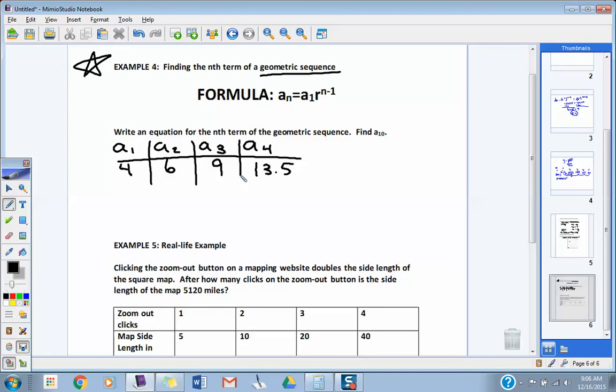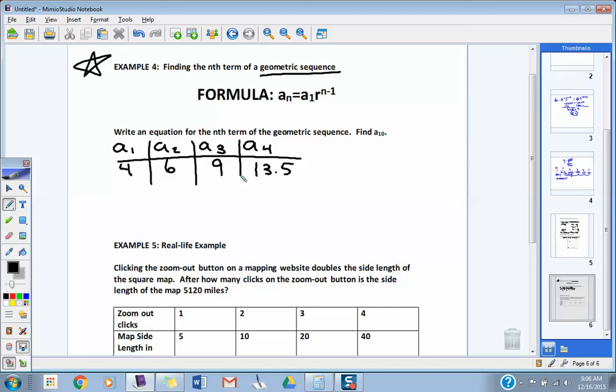First thing it says to do is write an equation for the nth term of the geometric sequence. And we're going to use that formula up there that states the nth term on the left is equal to your first term, which is a1, times r to the n minus 1. Let's establish some parameters here real quickly. Anytime you are writing a function for the nth term of a geometric sequence, you have two jobs.